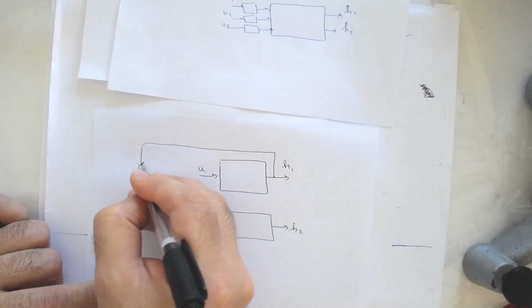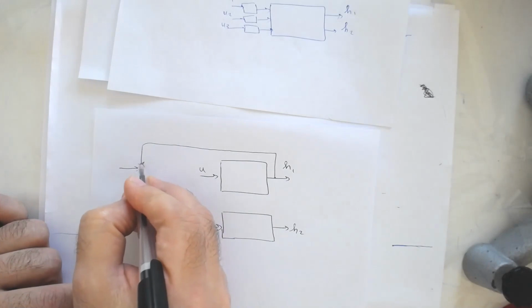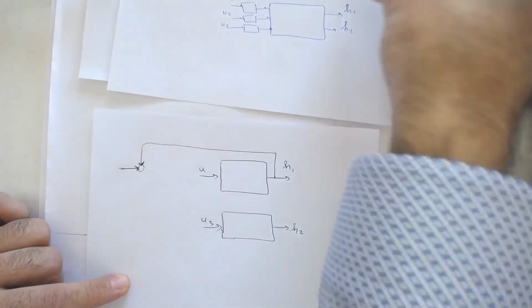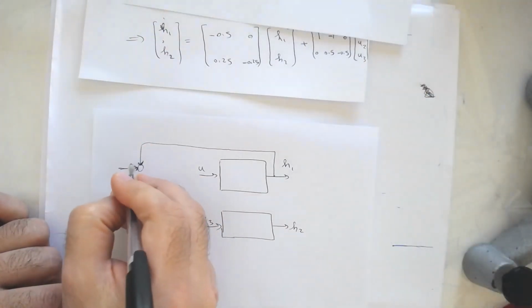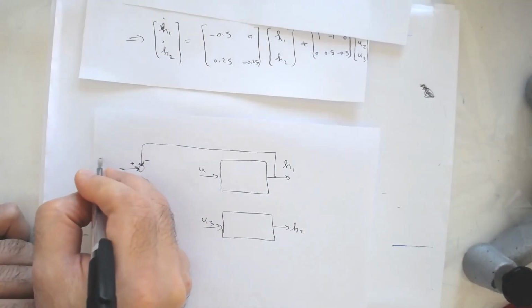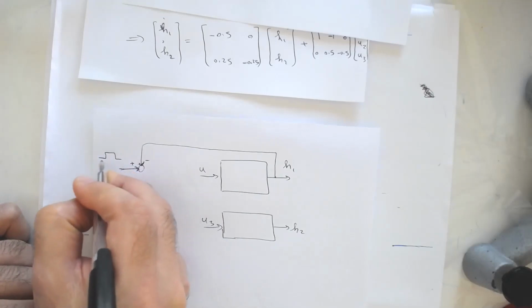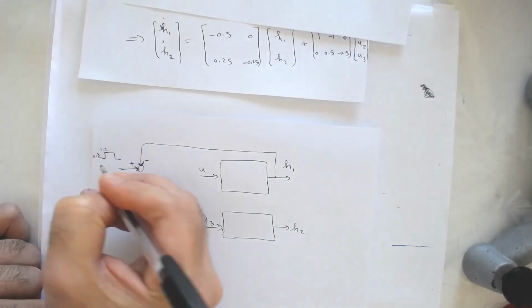So you compare with the set point, and the set point, because the working point, we assume that the level was 1 meter, but you could have, for example, a pulse signal that goes between, for example, 0.8 and 1.2.